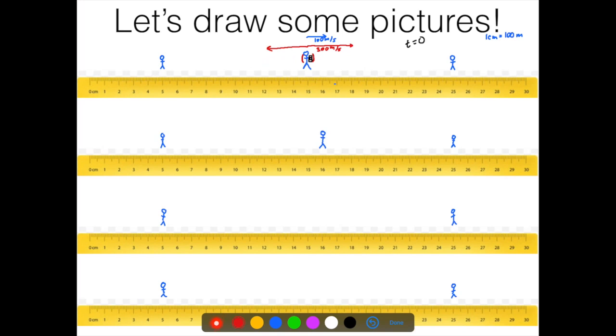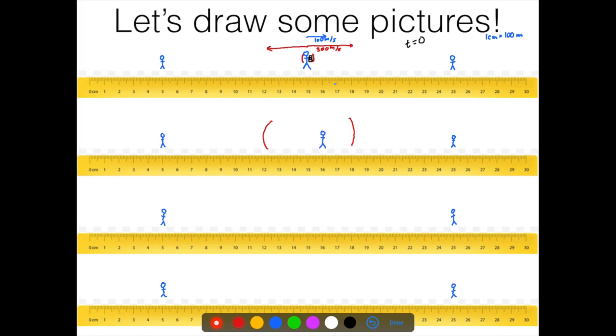And so the one that was right here is now, instead of at 15, going to be at 18 because it's moved to the right. So here is that sound wave. It's at 18 now. The one that was on the left-hand side has moved 300 in the other direction, so it's now at 12. All right, so here we go. We've got a drawing. There's the sound waves.